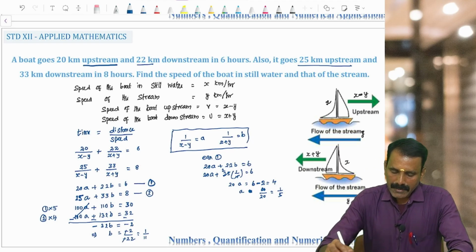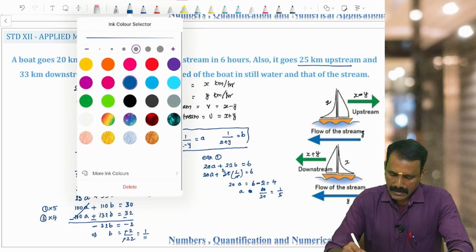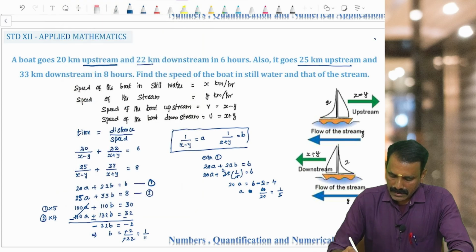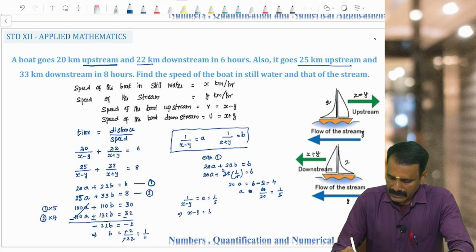Now we are having the expression 1 by (x minus y) is equal to a, that is equal to 1 by 5, which implies x minus y is equal to 5.